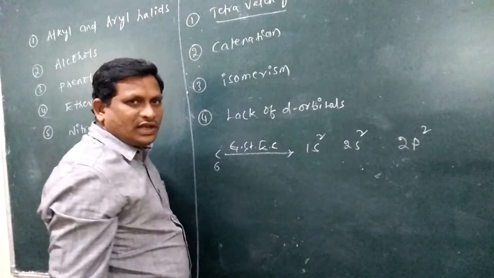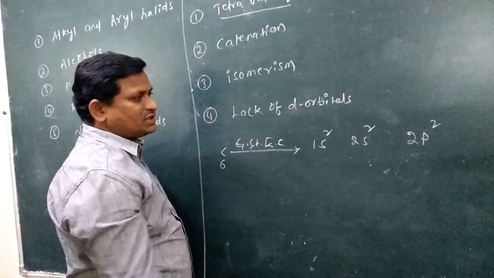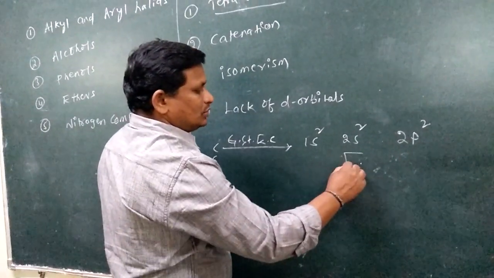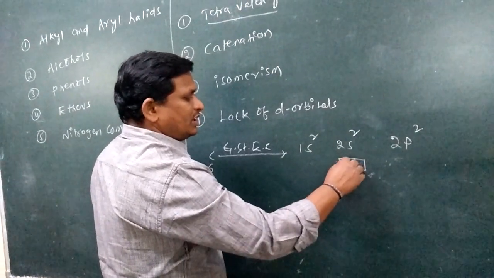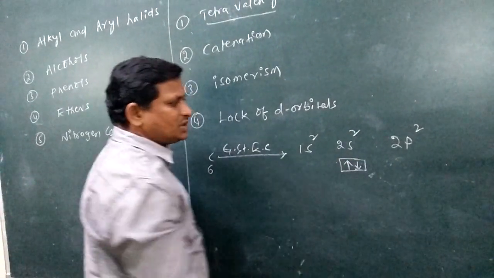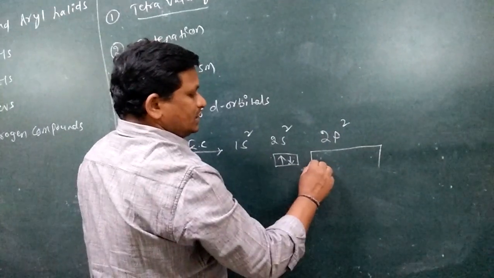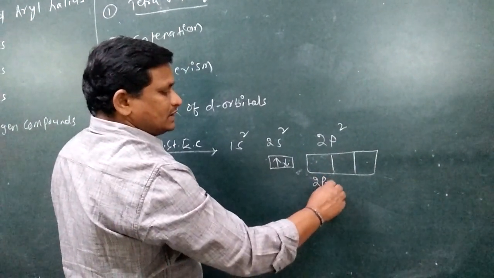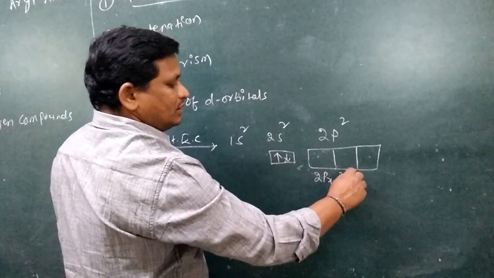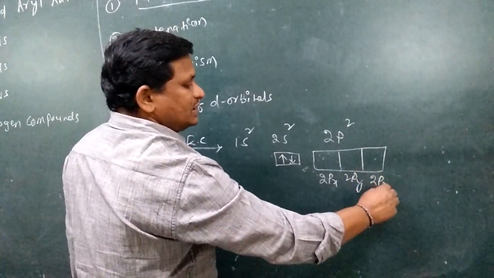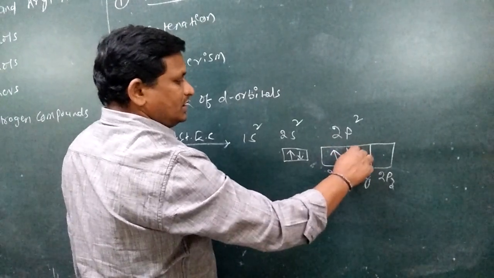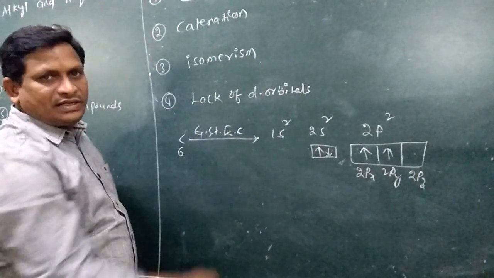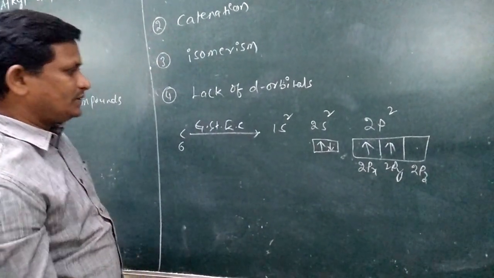So in valency shell 4 electrons are present. It is the ground state. A pair of electrons are present in 2s2. In 2p2, it is 2px, 2py, 2pz. So 2pz orbital is an empty orbital.